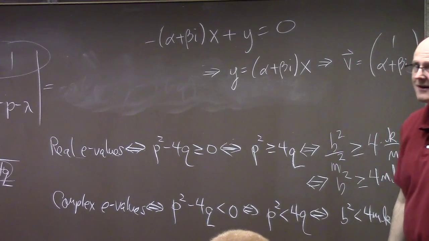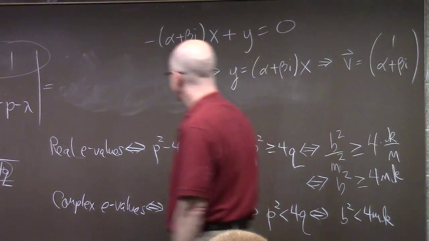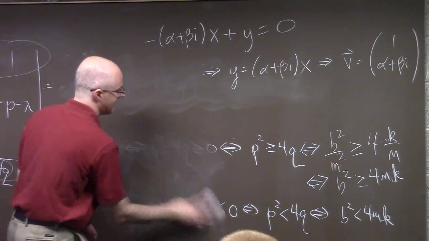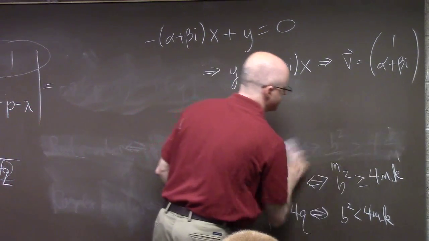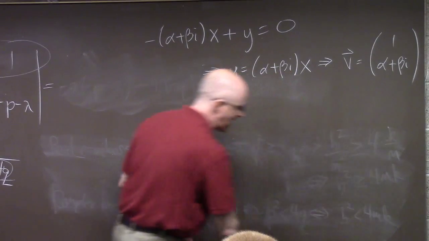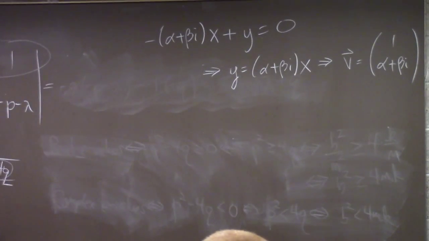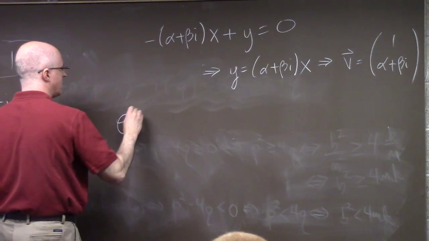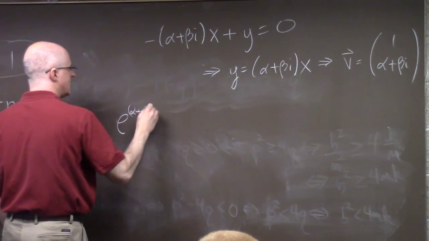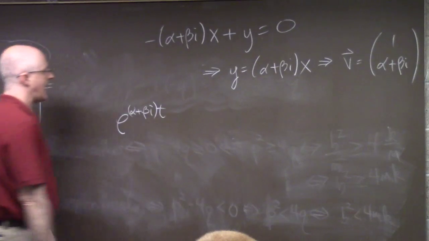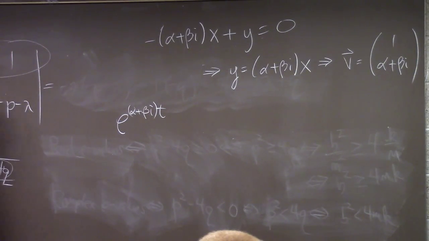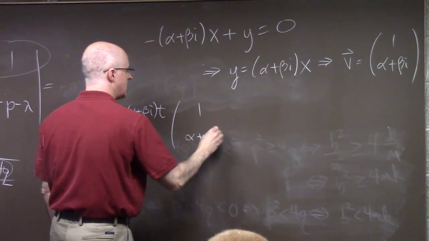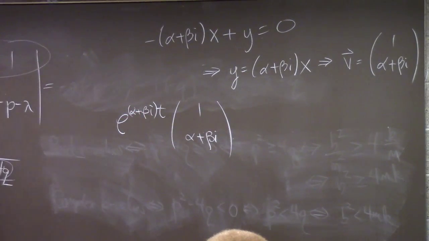Might as well keep going here. Let's now use Euler's formula to expand the complex solution, which is not the solution we want, since we want real solutions. But it allows us to expand the complex solution, e to the alpha plus beta i times t times this v here, in terms of its real and imaginary parts.